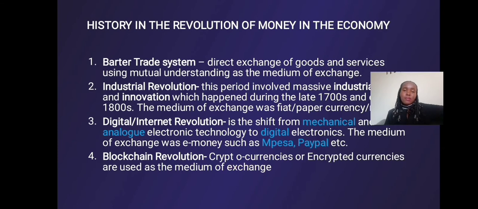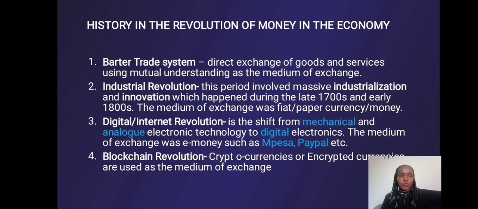Before we get to the main point, I would like us to look at the history in the revolution of money in the economy, because it is the economy that moves the world. At the beginning, we had what we call the barter trade system, which was based on mutual understanding as a medium of exchange. Number two, we had the industrial revolution, which was based on fiat or paper currency as the medium of exchange.